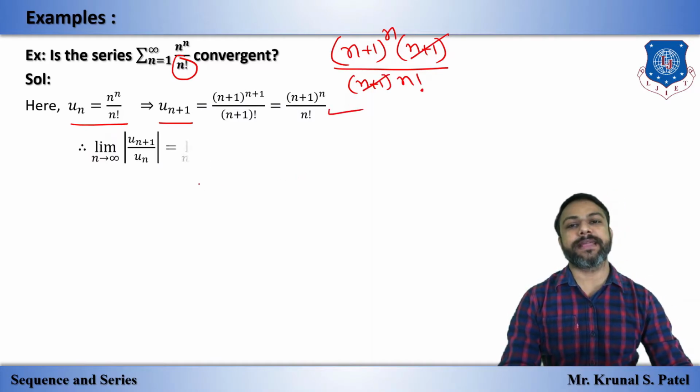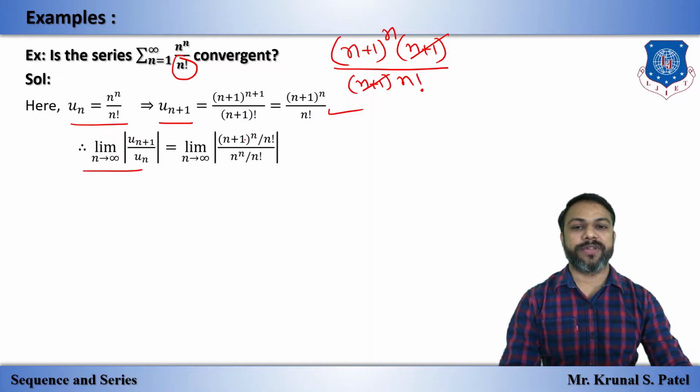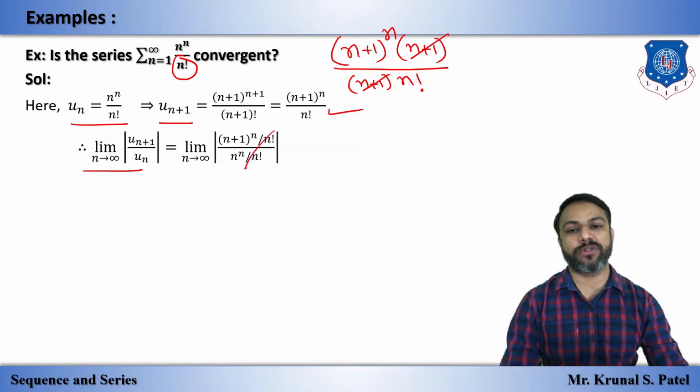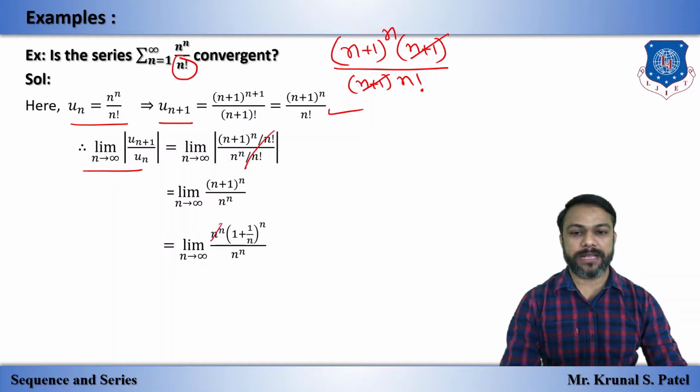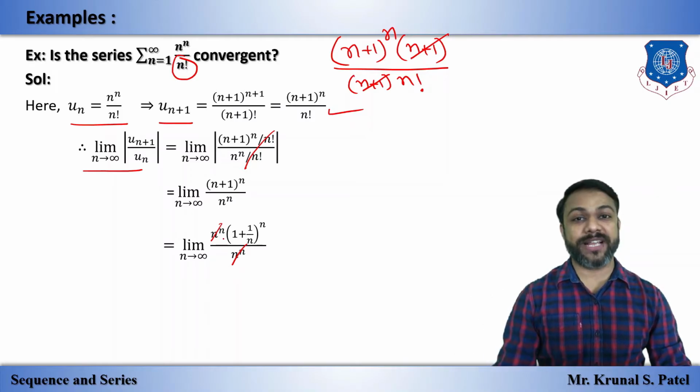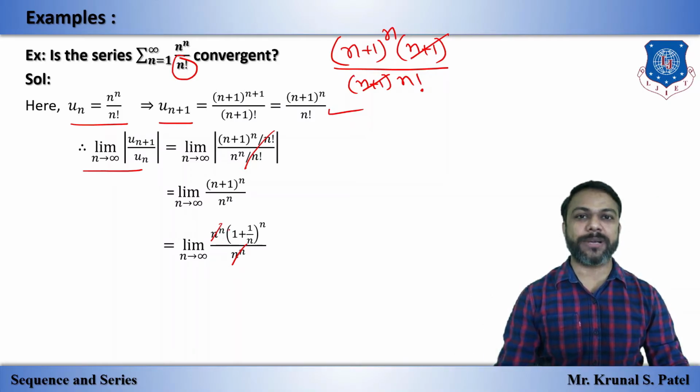Okay, by taking the ratio and limit, we have a numerator, and as we know, this n factorial is cancelled out, and by taking n common from this, n raised to n is also cancelled out. We know the standard limit, as we have seen in the first lecture at the start of this chapter.